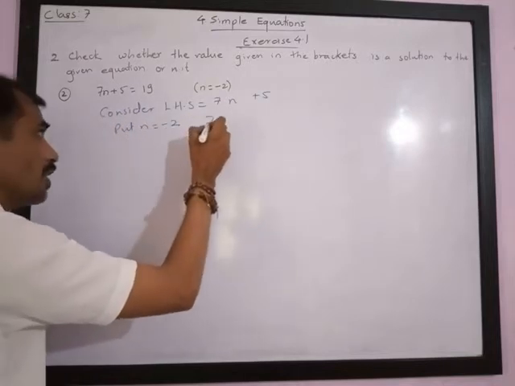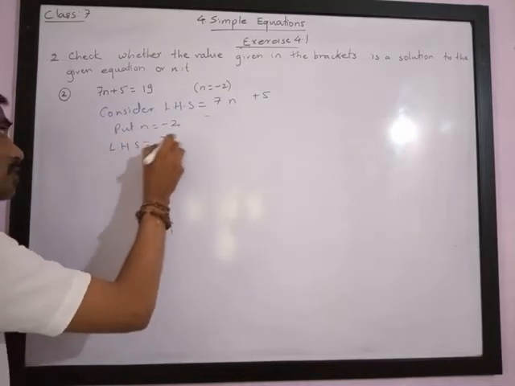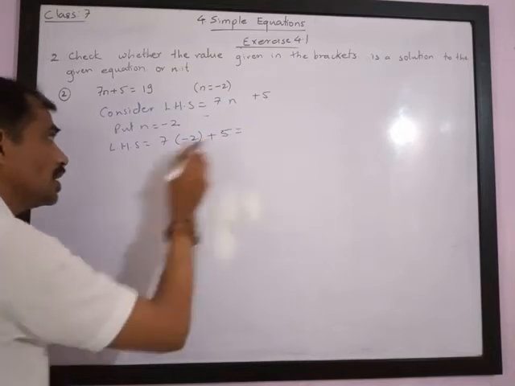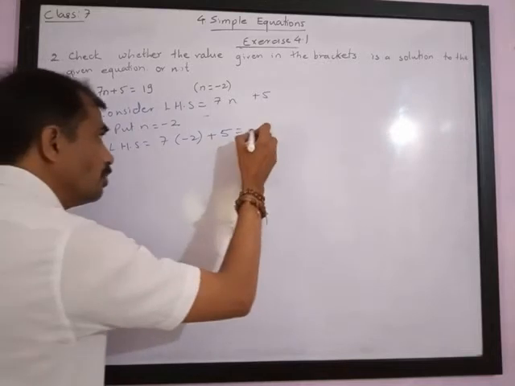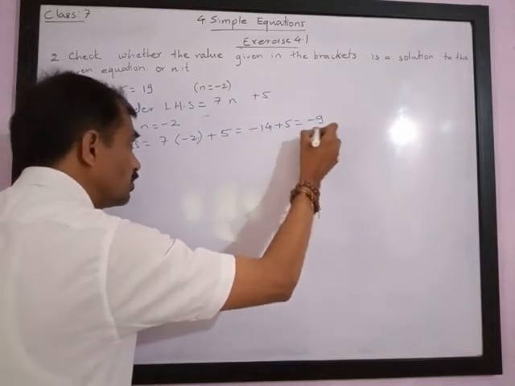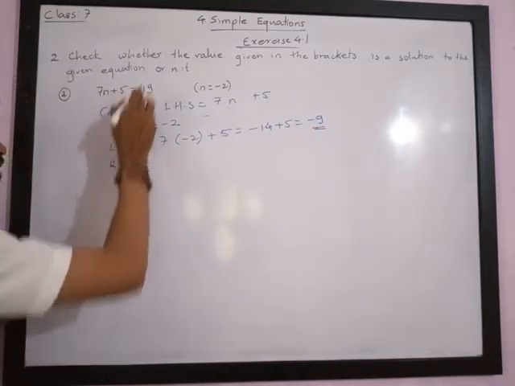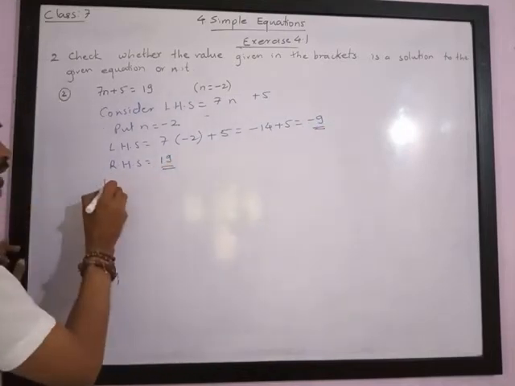So we will get LHS is equal to 7 multiplied by minus 2 plus 5. So this is equal to 14, but it will be negative 14. Please note, negative 14 plus 5 is equal to negative 9. Now RHS, the right hand side of the equation, is 19. Please note, here again left hand side and right hand side are not equal.